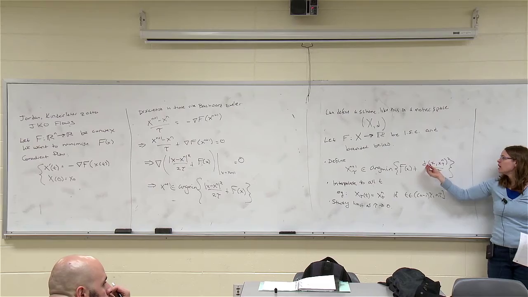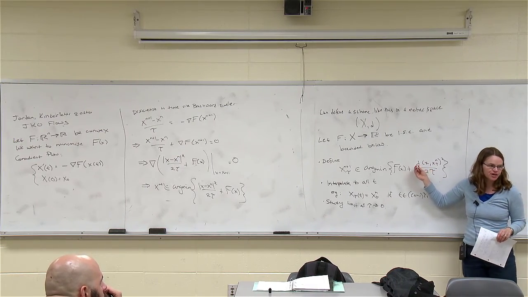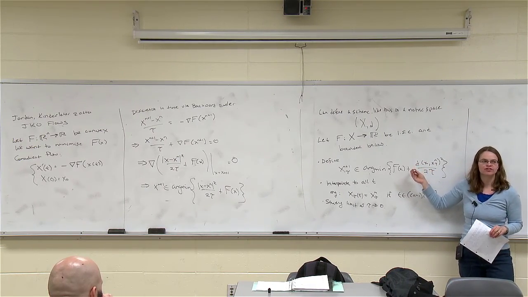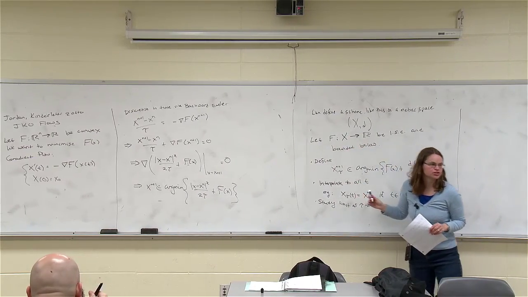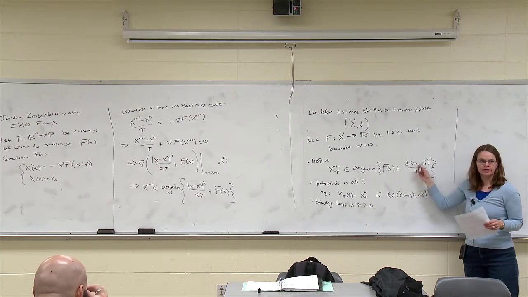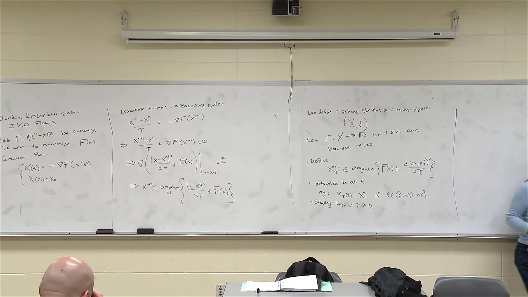Okay, so I said we're talking about gradient flows in the Wasserstein metric, so we're going to be particularly interested in X being a space of probability measures, and D being the Wasserstein 2 metric, say.